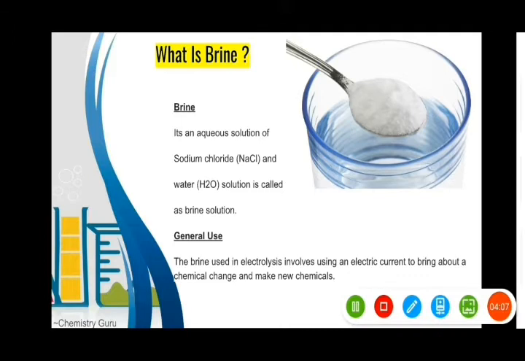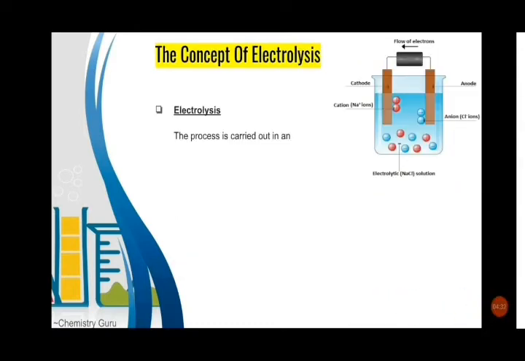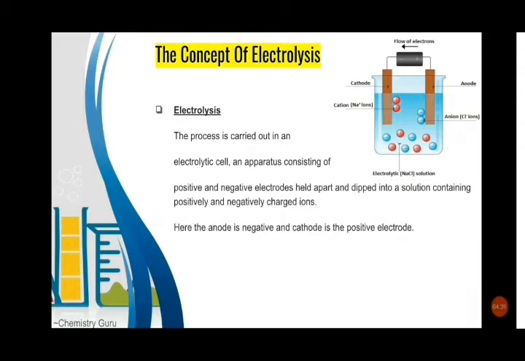Now we would first discuss what we basically mean by this process, electrolysis. So we are going to start and then we will move to the next topics. So what is electrolysis basically? The process of electrolysis is carried out in an electrolytic cell, and the apparatus consists of two electrodes. One is positive and another is negative.